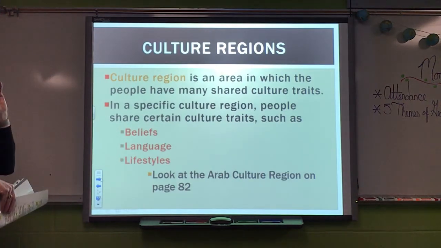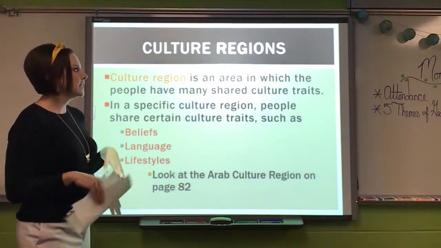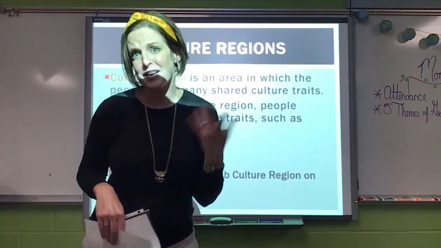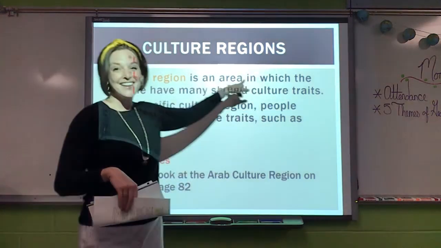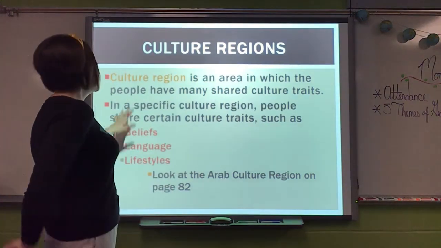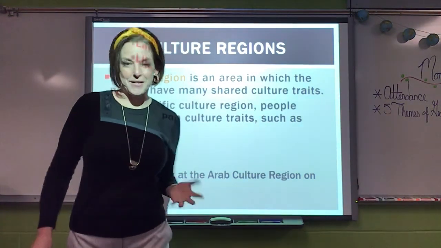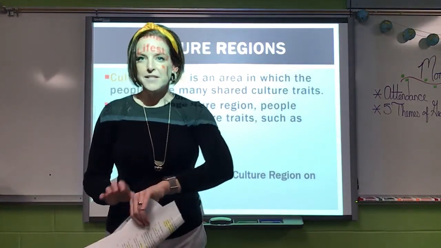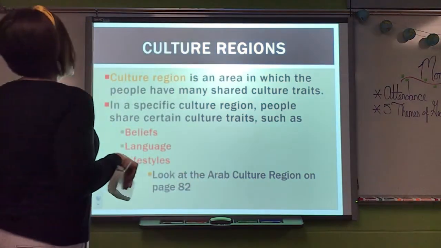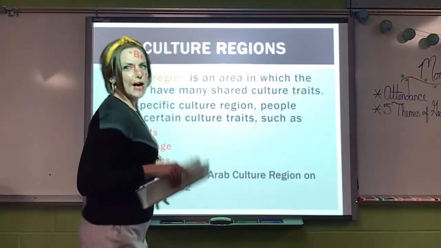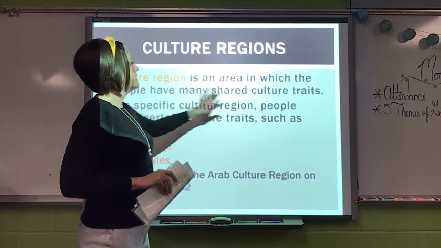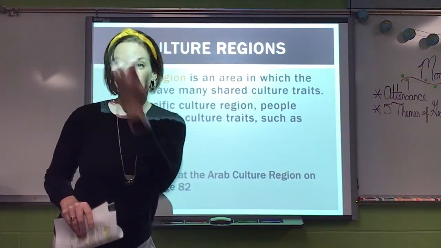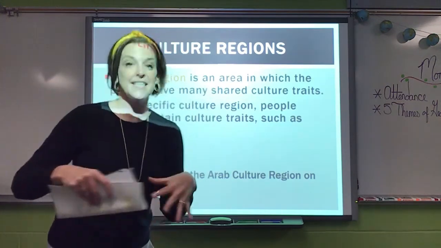All right. So, I shouldn't have given that example because I forgot we actually have culture region. A culture region is an area in which the people have many shared culture traits. Siri, could you try again? Sorry about that. Okay, Siri didn't understand. I hope you guys are. So, a region is an area in which they're going to share many of these traits, various things in common.